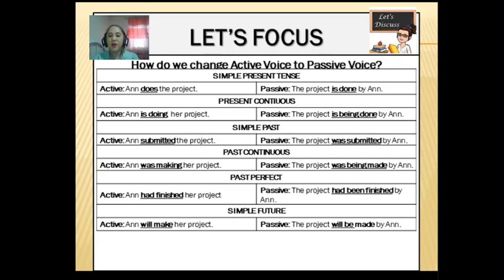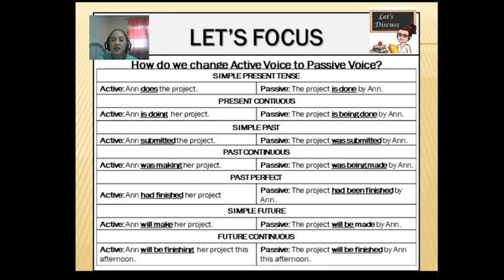Again, we have will, which is our indicator that it is in the future tense, made, which is the past participle of the word make, and be, which is our verb be. Next is, of course, the future continuous.